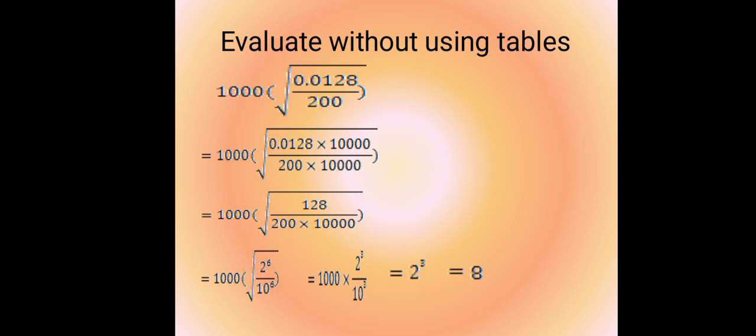Now, if we get the factors of 128, it is 2 raised to the power of 6. And for the denominator, what I've written here is a bit wrong, but work it out. The answer is correct, but what I've worked here is wrong.